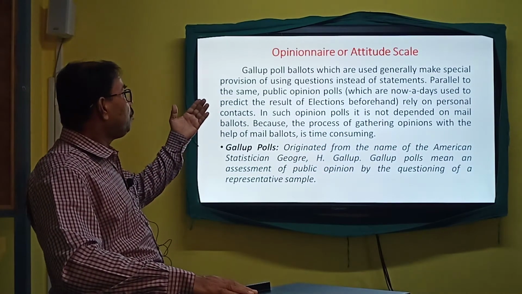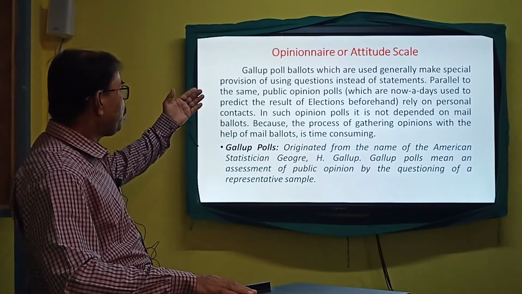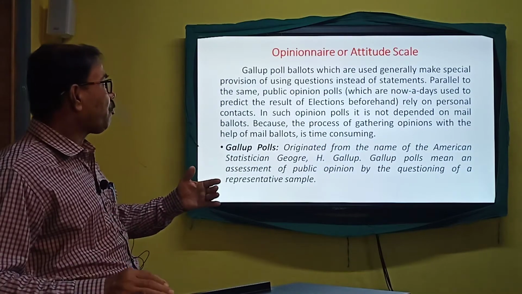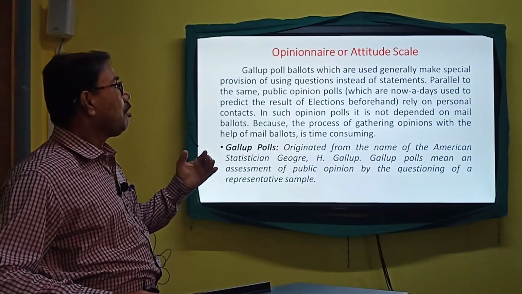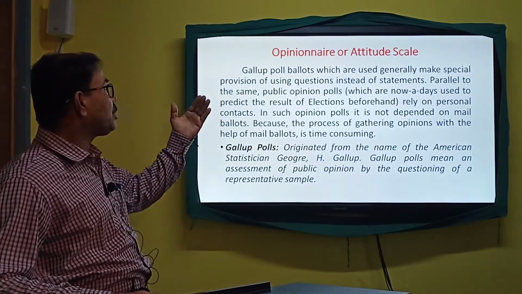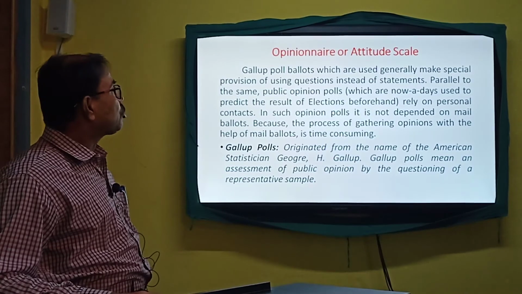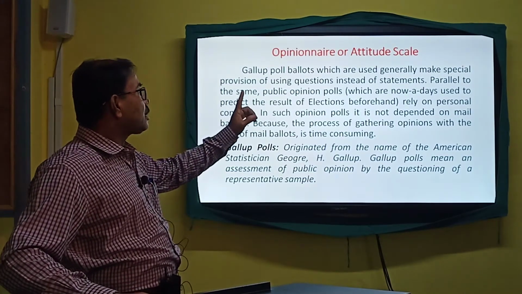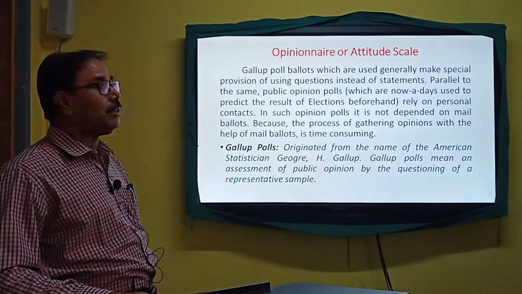Gallup ballots are a specific type of ballots through which we can collect opinions. They make a special provision of using questions instead of statements. So friends, in Gallup poll ballots, instead of statements, questions are used.